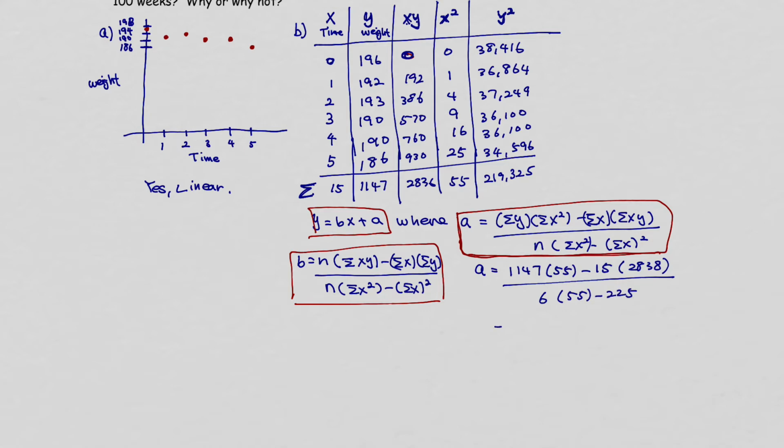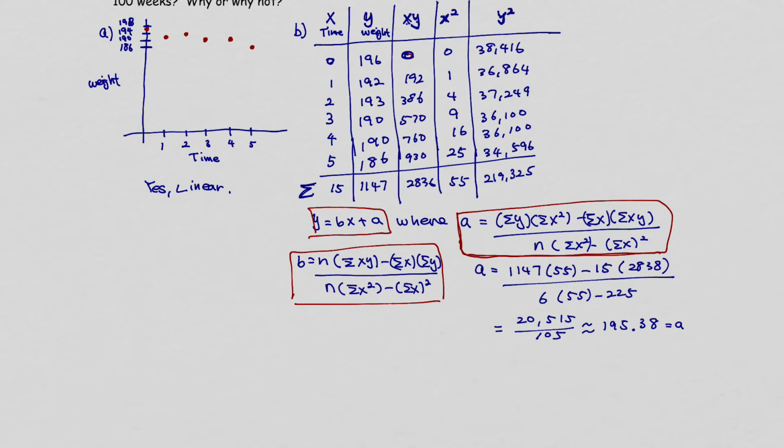And when we plug in the numbers, your numerator ends up being 20,515, denominator 105. If I round to the nearest hundredth, I get 195.38. So that's going to be my A value.